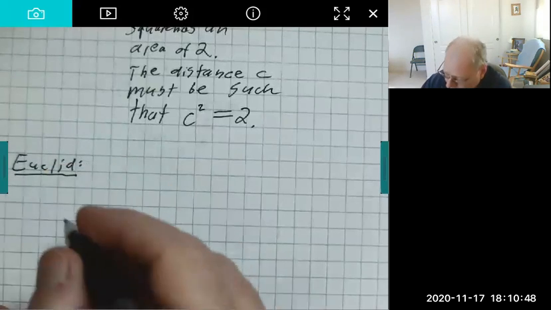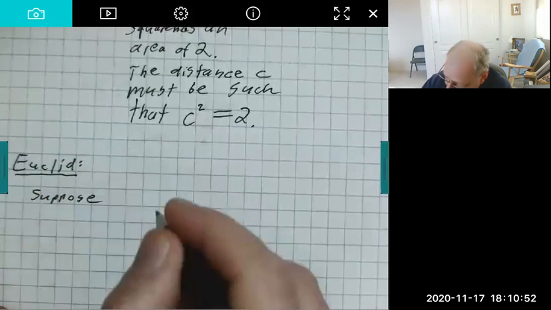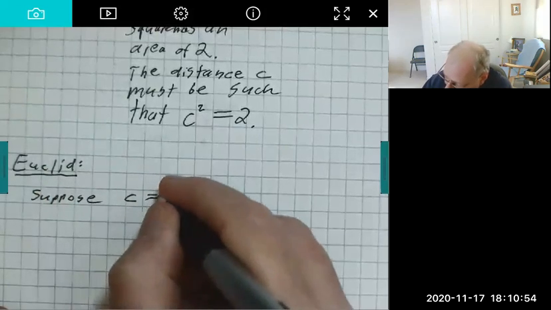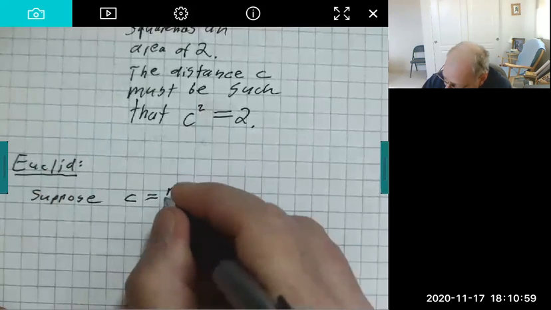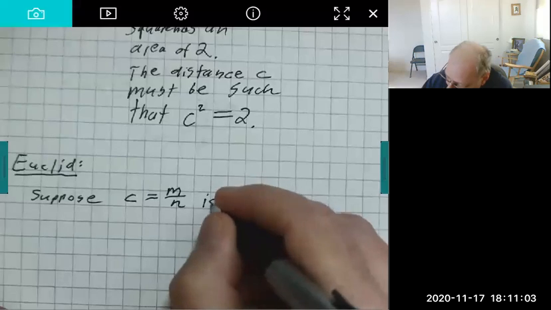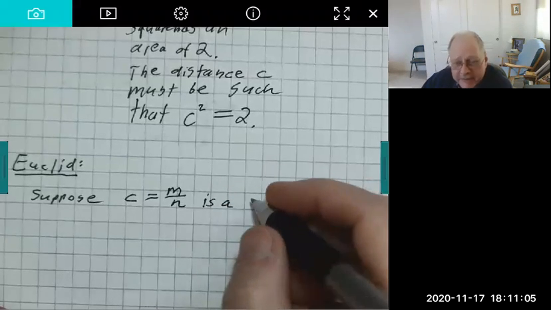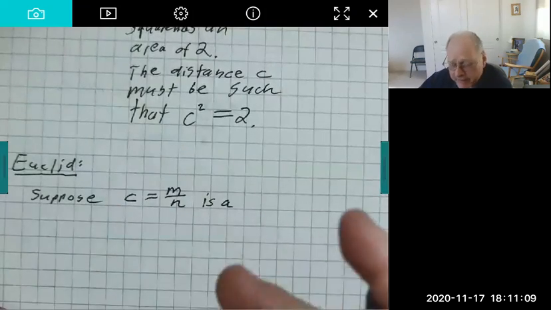So Euclid says, suppose this C over here is a fraction. And if it's a fraction, you can make it a reduced fraction. You can cancel out from the top and the bottom.